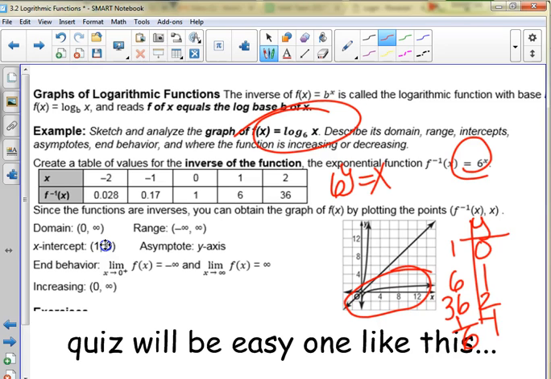Yes, they're going to flip because all the x and y values have just flipped. So now domain is 0 to infinity and range is all real numbers. And instead of 0, 1, the intercept is at 1, 0. And instead of the asymptote being y equals 0 or the x-axis, it's now x equals 0 or the y-axis. Are we good?